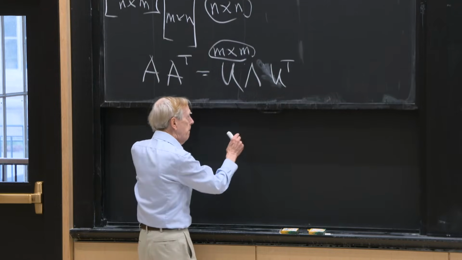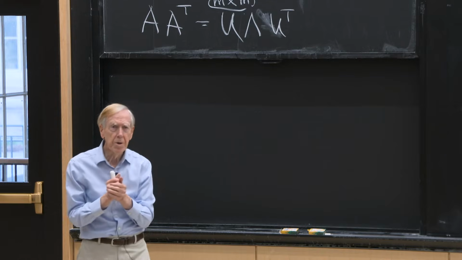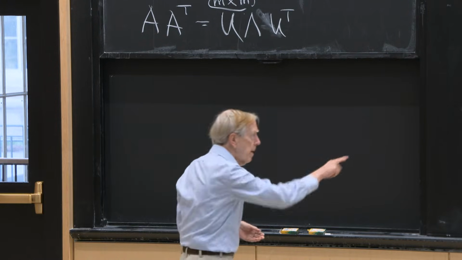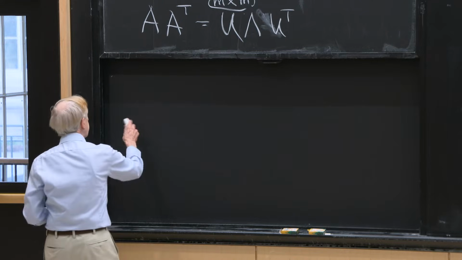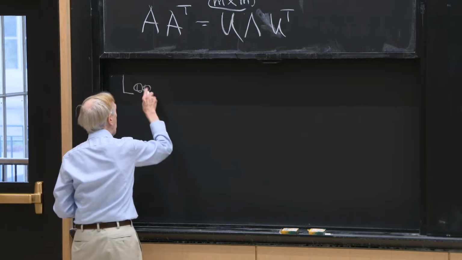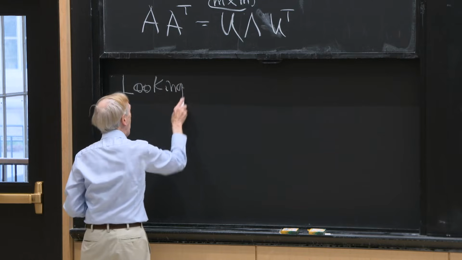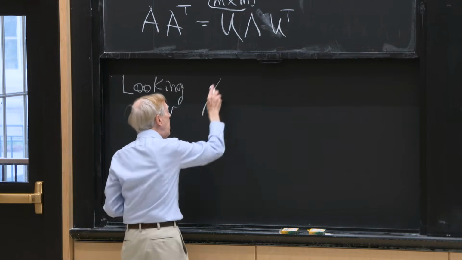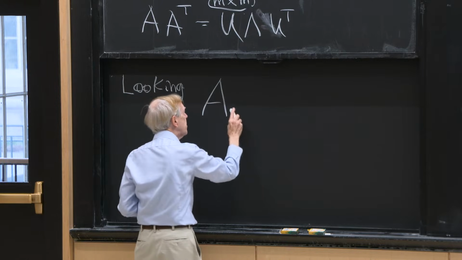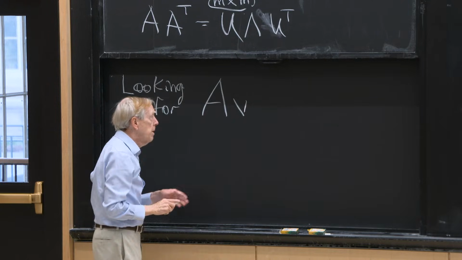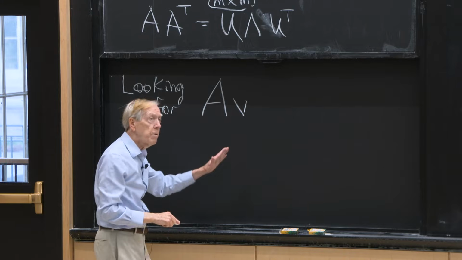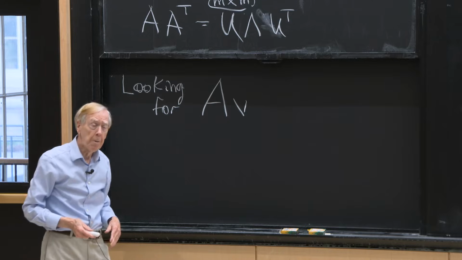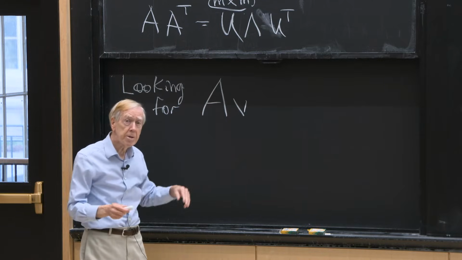Okay. So fresh start on the singular value decomposition. What are we looking for? Well, as a factorization, we want vectors V, so that when I multiply by V, if it was an eigenvector, it would be AV equal lambda V. But now A is rectangular.